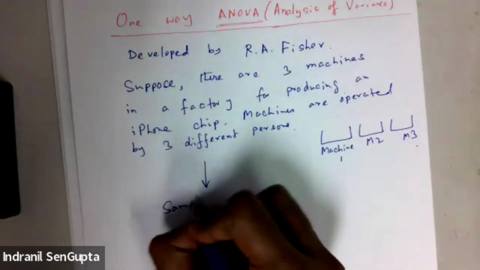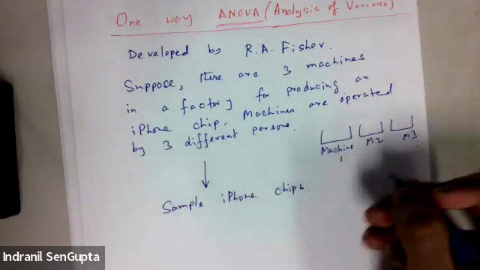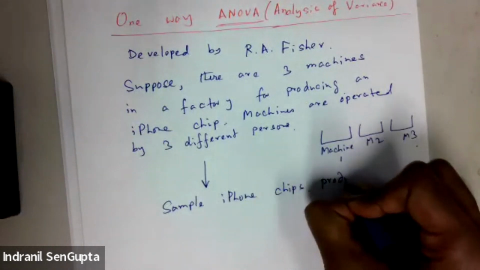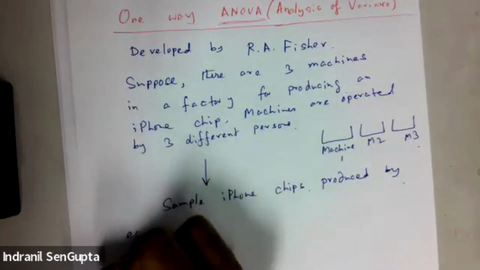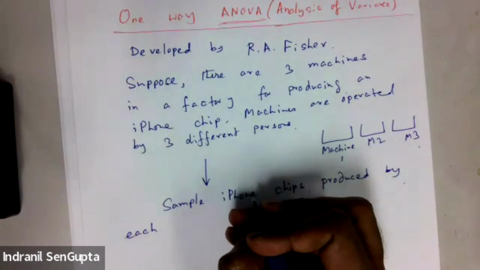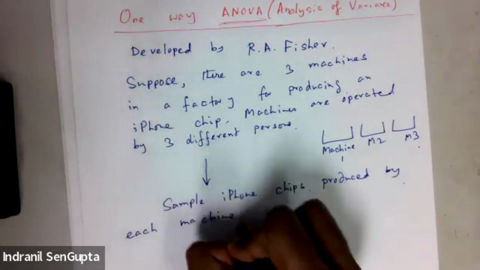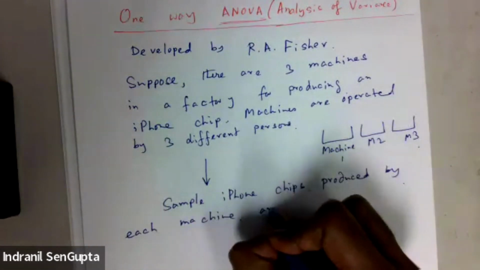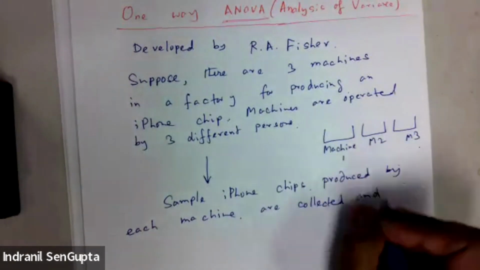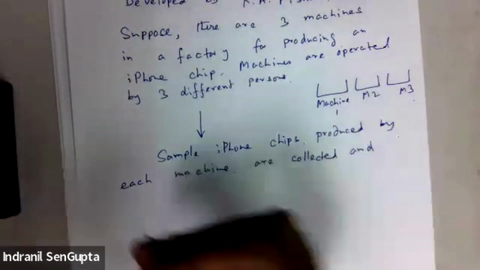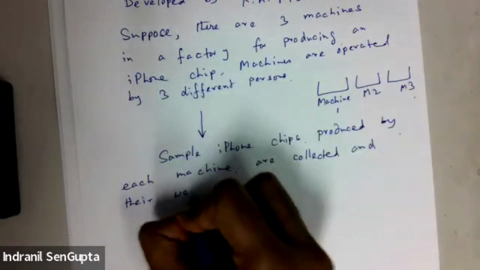Sample iPhone chips produced by each machine are collected, and their weights are measured, or any parameters are measured.